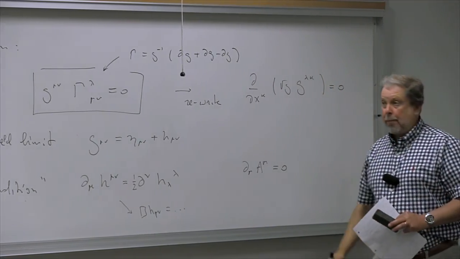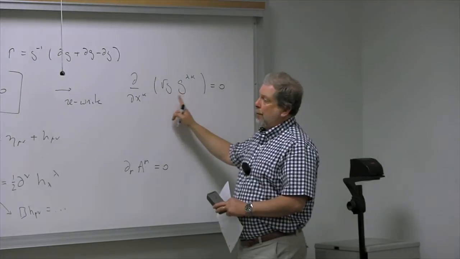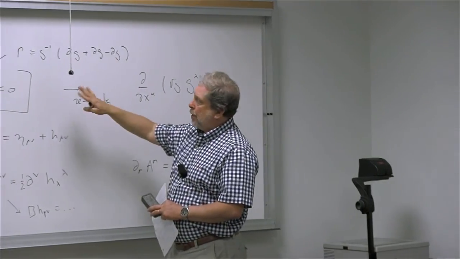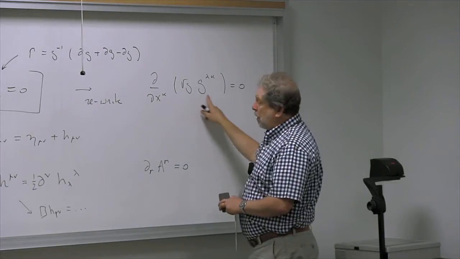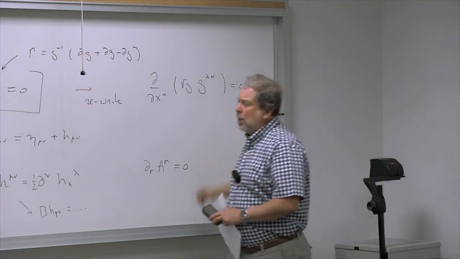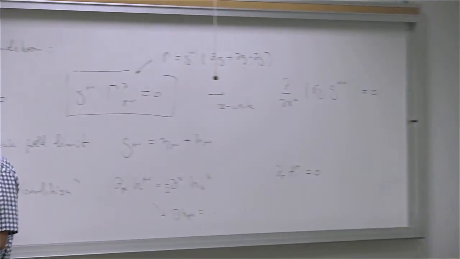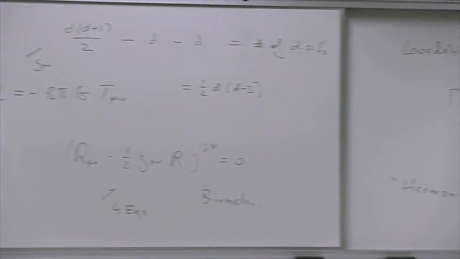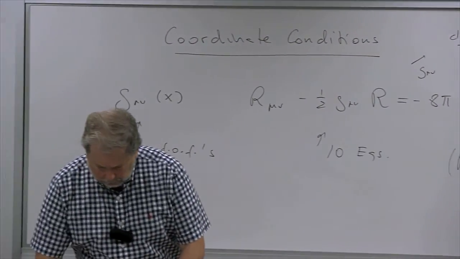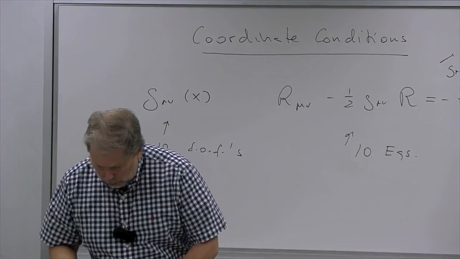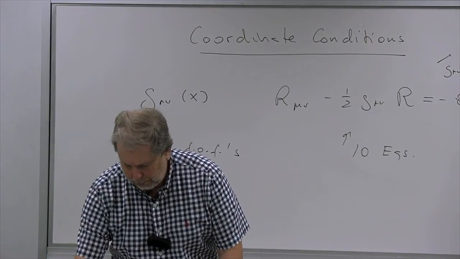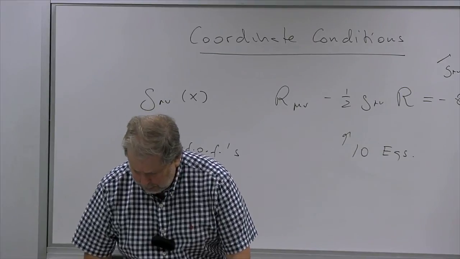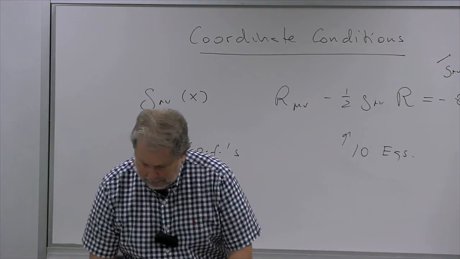So there is in fact a simpler form, which is directly in terms of the metric, because this one is implicitly through the definition of the affine connection. So it is some sort of a 4-divergence that is equal to 0, and you can write it in this form. And so that was one issue that I wanted to discuss, what happens to the number of degrees of freedom in 4 dimensions.